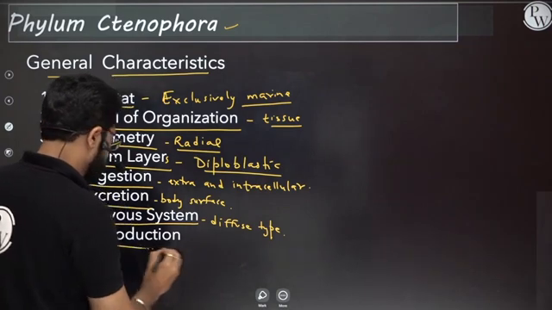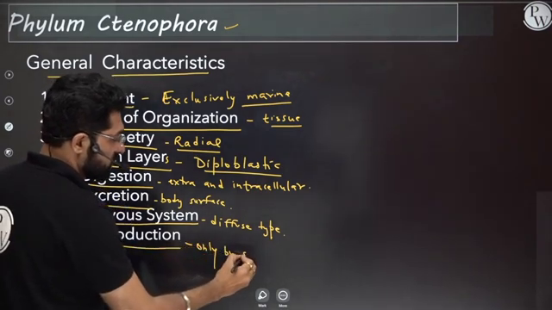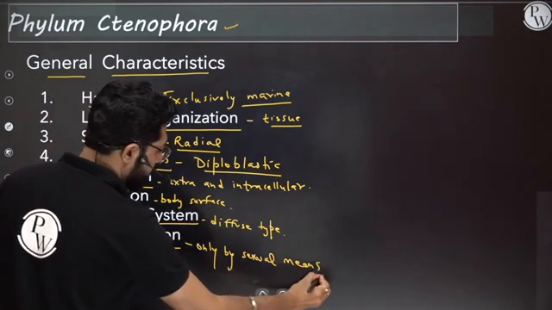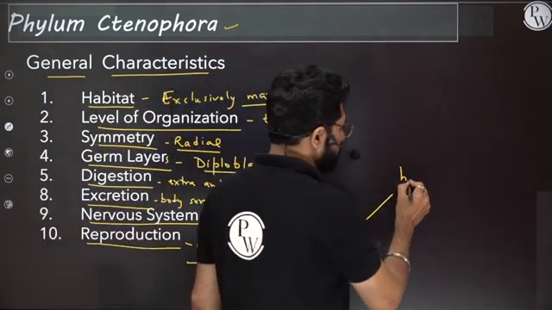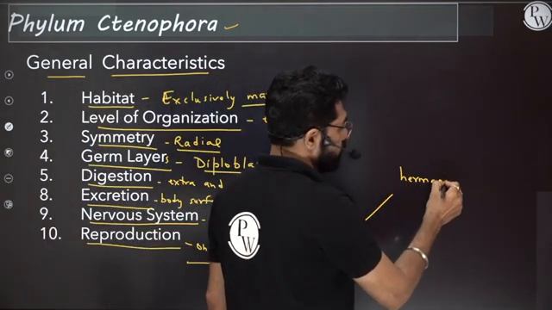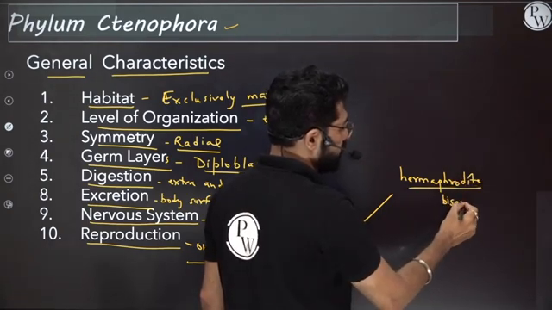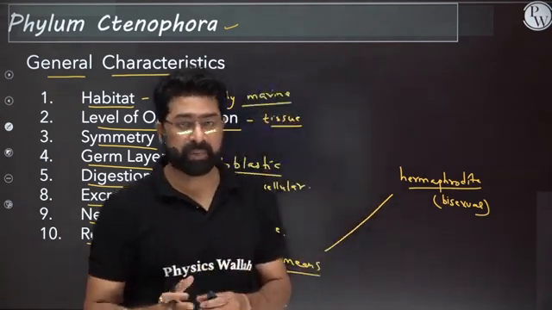Now reproduction: only by sexual means. So they only reproduce by sexual means. They are hermaphrodite, that means they are bisexual. All are bisexual here. So sexes are not separate.